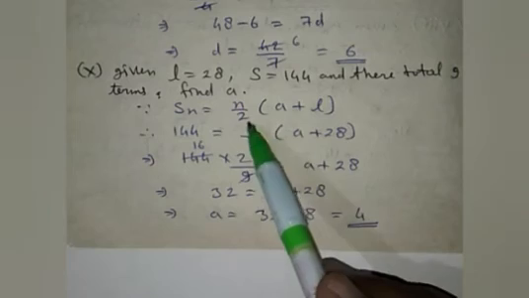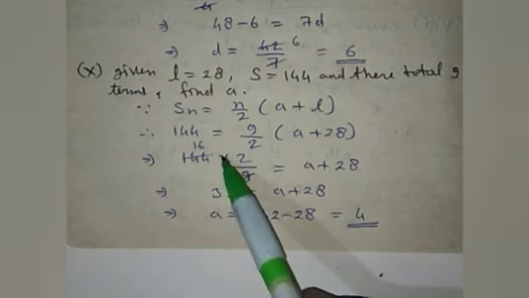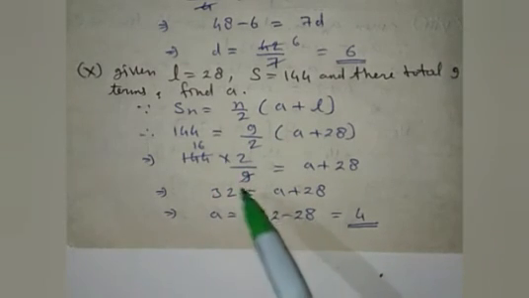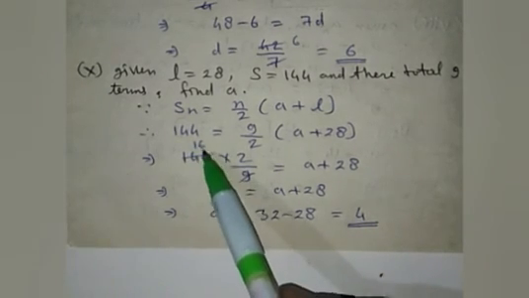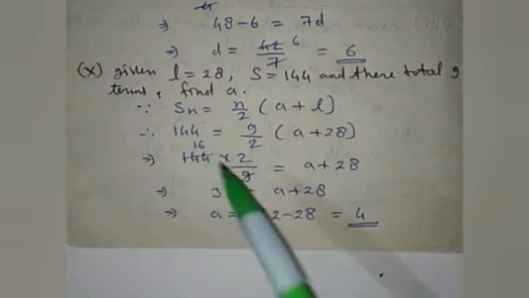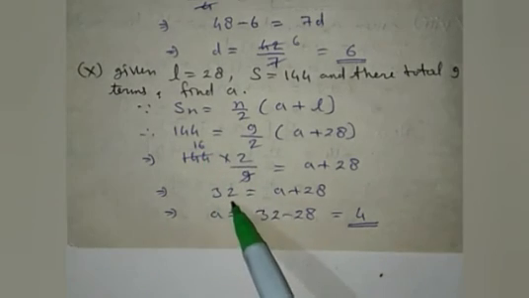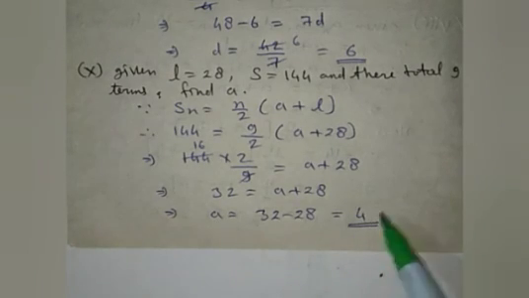Taking 9 by 2 to the left hand side, it will be multiplied by 2 by 9, that is equal to a plus 28. Dividing 144 by 9, the quotient will be 16. 16 into 2 will give 32. 32 equal to a plus 28. So a equal to 32 minus 28, that is equal to 4.